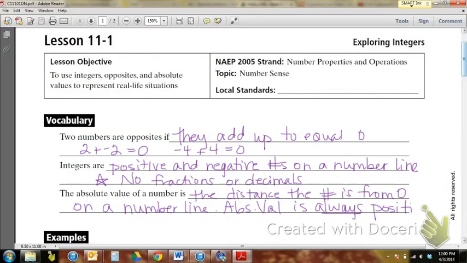So I don't say I live 10 or negative 10 blocks from school. I would say I live 10 blocks to the right, 10 blocks to the left, but I don't say distance as a negative number. That's just weird. So since absolute value is distance, it's always positive.